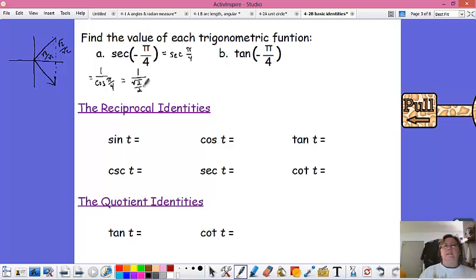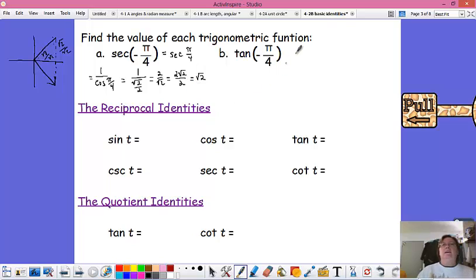And I don't like that nasty looking fraction. I'm going to multiply by the reciprocal. And that's going to get me 2 over root 2. When you simplify that, you're going to have 2 root 2 over 2, and that cancels to the square root of 2. So all that said, the secant of negative pi fourths, which is this angle, is the same as the secant of the positive pi fourths angle, and both of those are equal to the square root of 2.